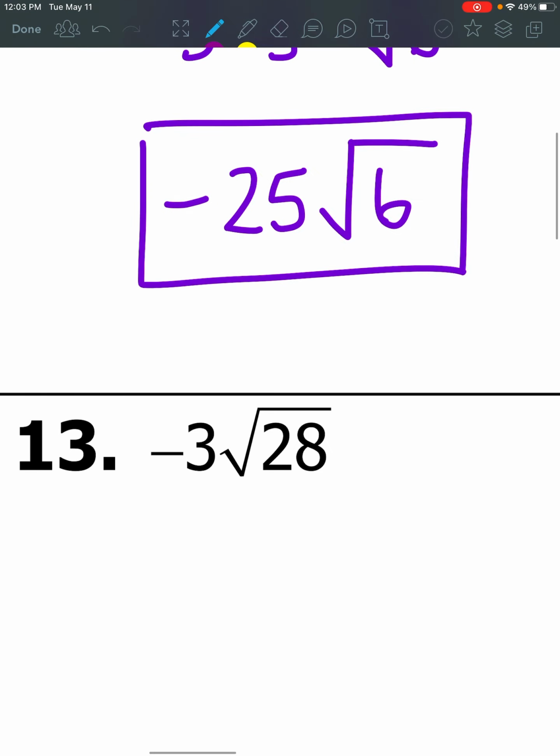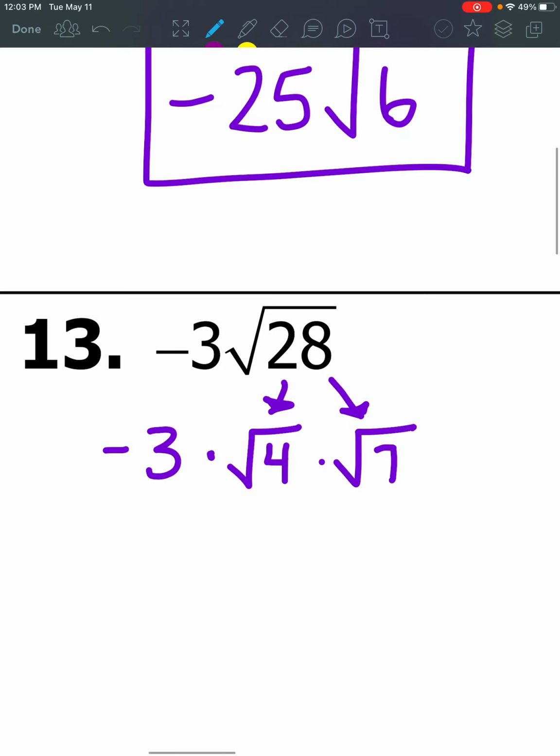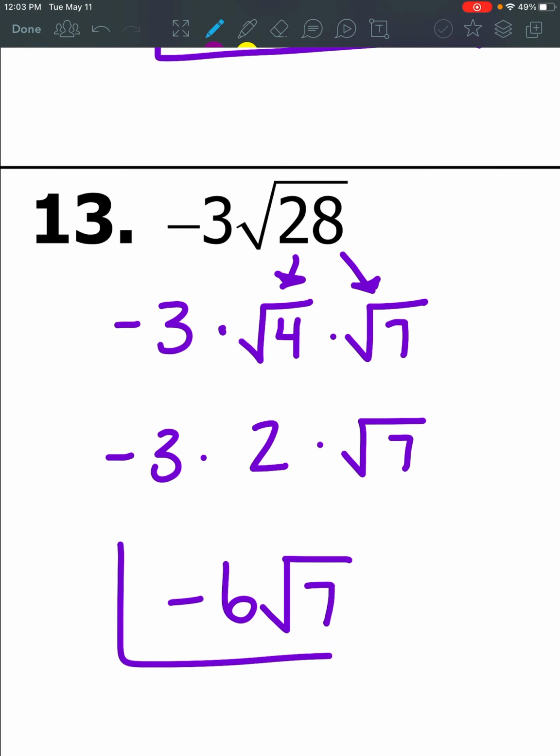And number 13, so negative 3 times square root of 28. The only 2 factors are 4 and 7, where one of them's a perfect square. So square root of 4 we can pull out as 2, so we'll have negative 3 times 2 times square root of 7, so negative 6 radical 7.